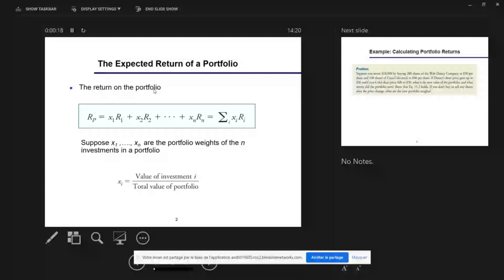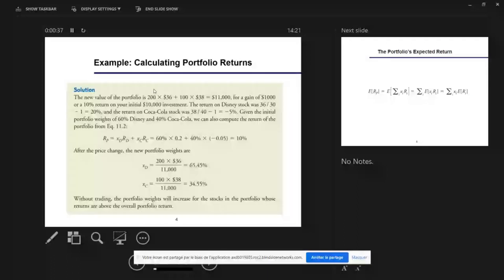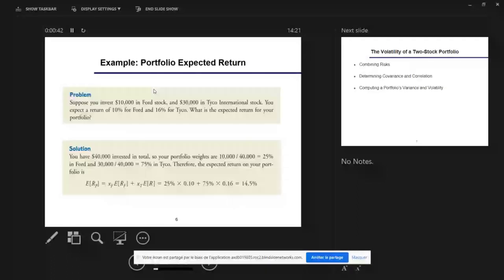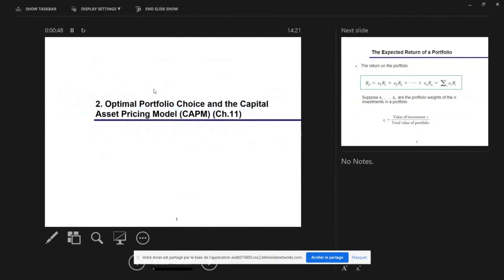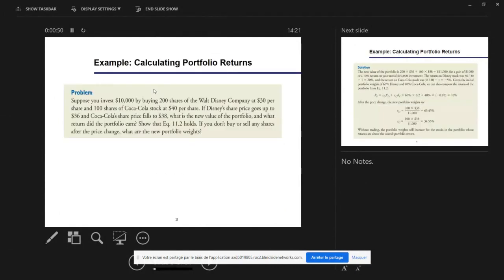If you have R1, R2, R3 until Rn, and X1, X2, X3 until Xn, you simply calculate the weighted average, and that is the return of your portfolio. So this is how you should be able to calculate the portfolio expected returns, very straightforward.